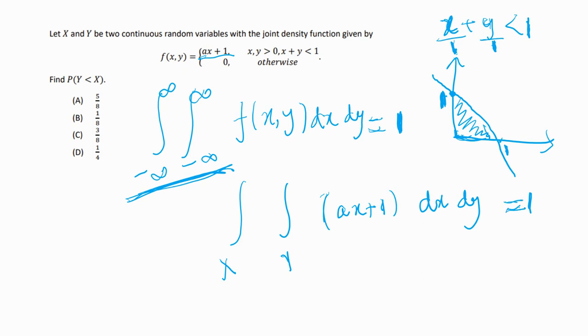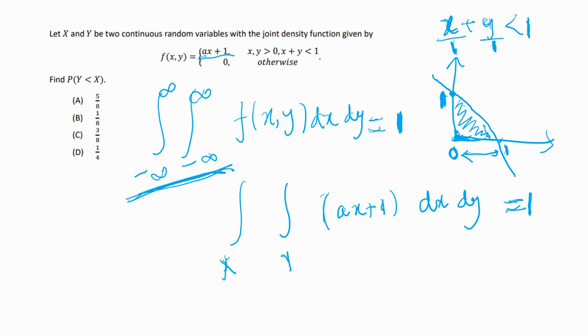Okay. Now to do the double integration, for x, just see this plot. This one is 0, this one is 1. So we just say x is from 0 to 1. The outside range will not contain the variable.